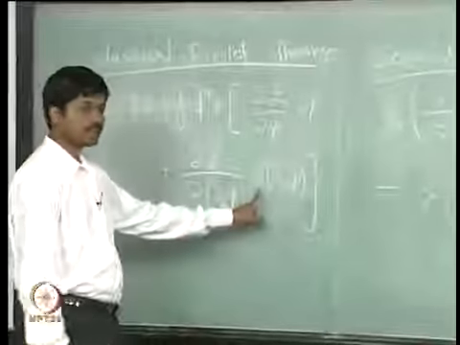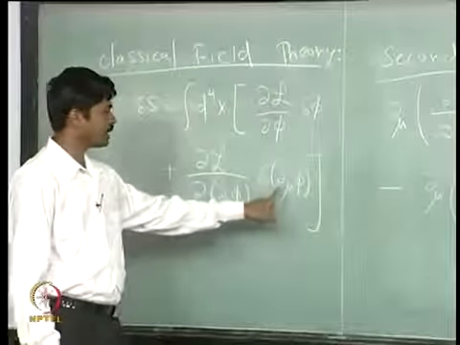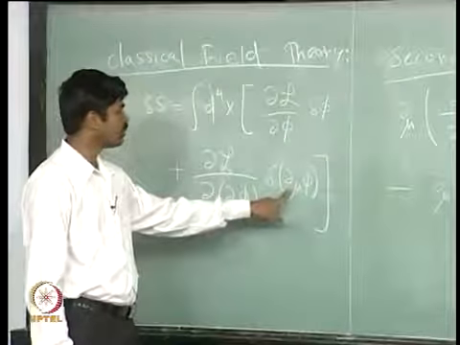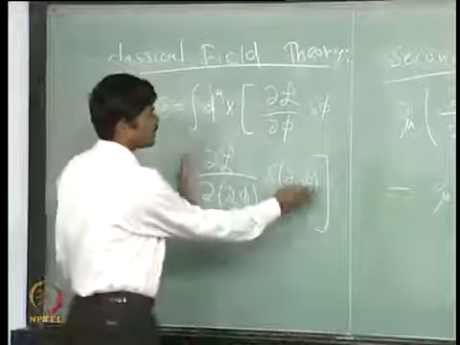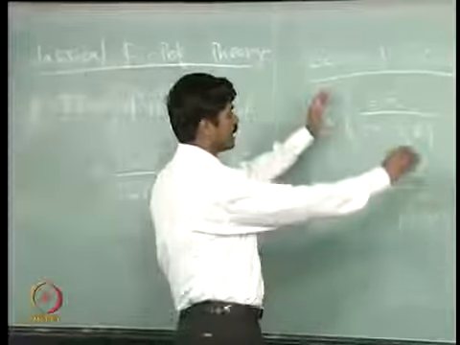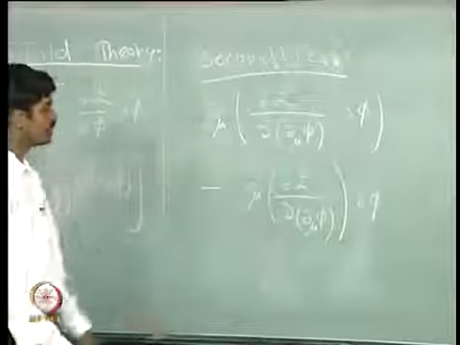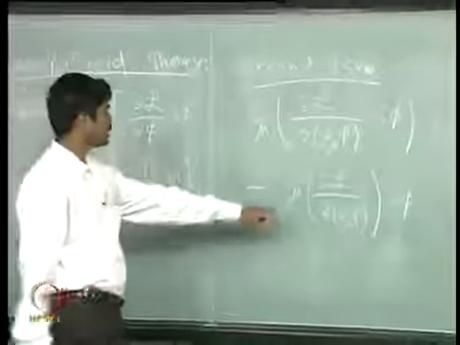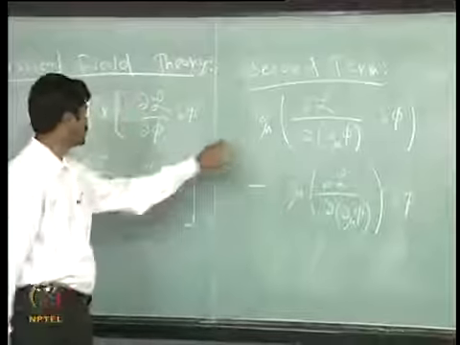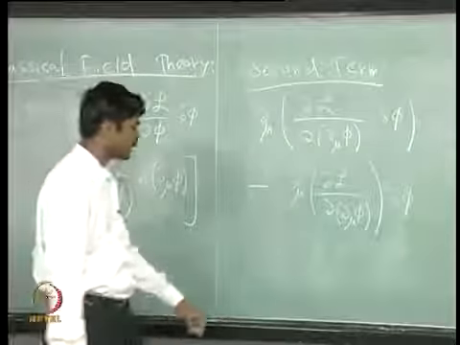Here I am assuming that this delta commutes with del mu, then you can write this term as a total derivative minus this term. Now what I can do is substitute this here.